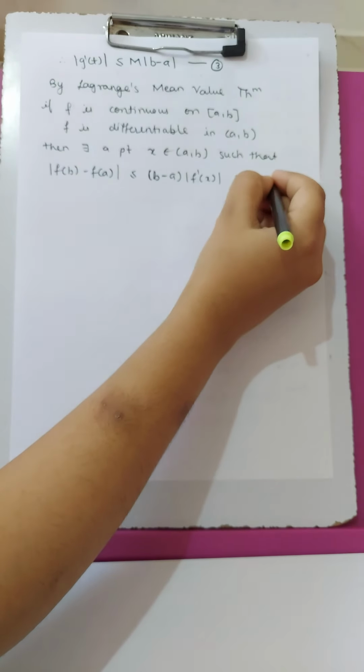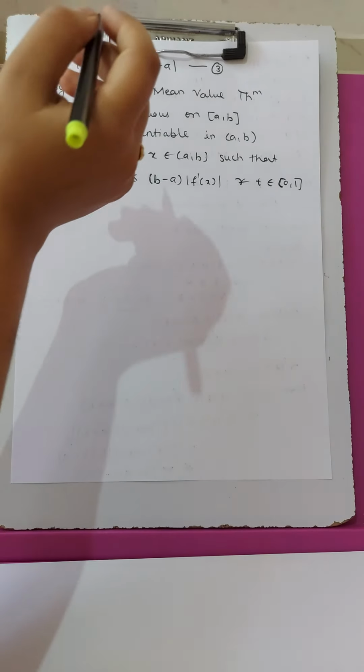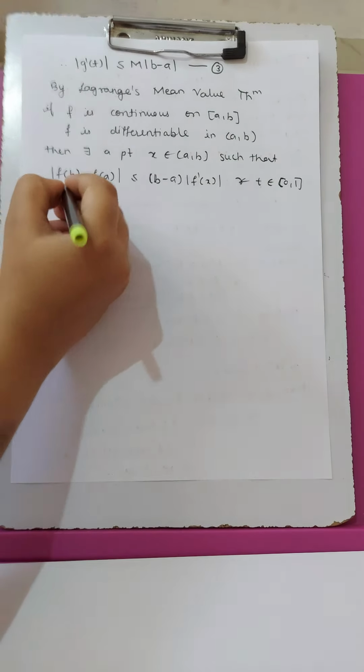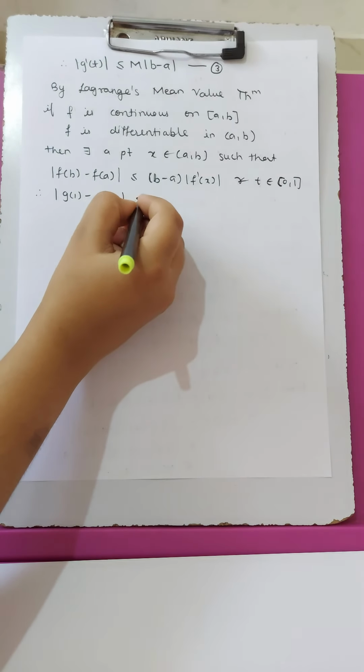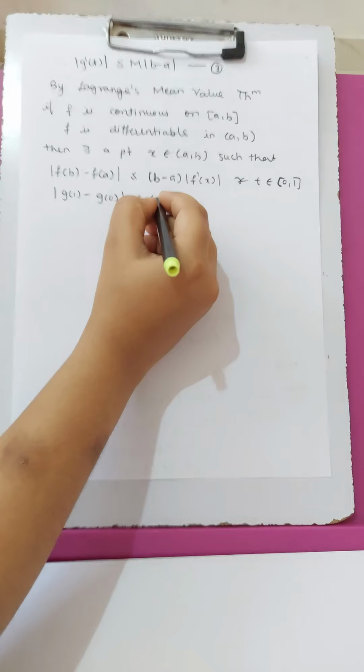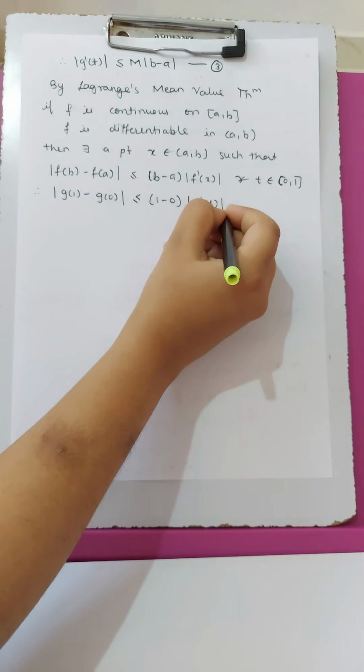For t belonging to [0,1], therefore this implies that g(1) minus g(0) is less than or equal to (1 minus 0) mod of g'(t).